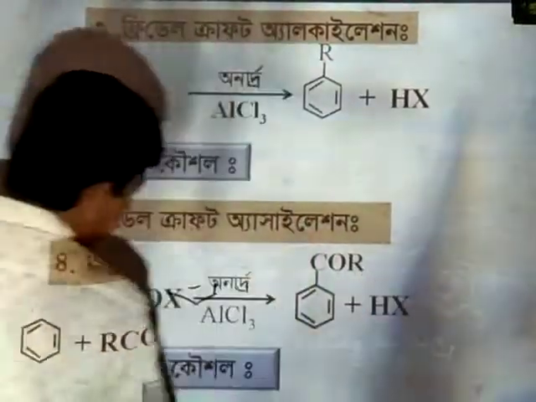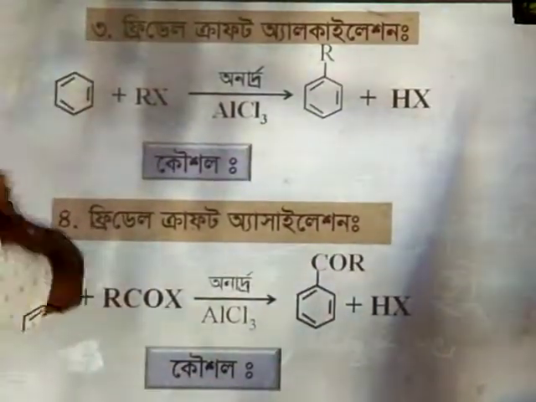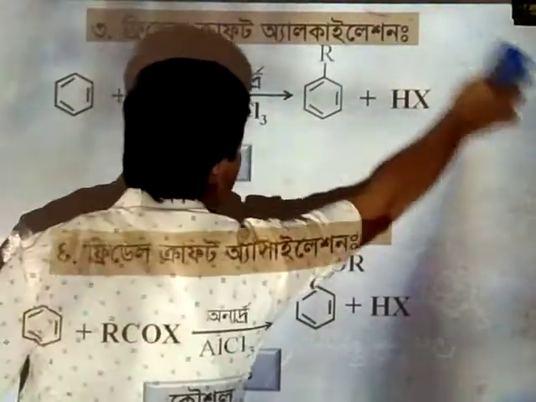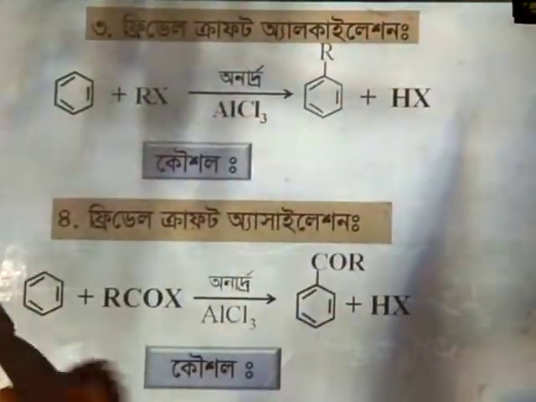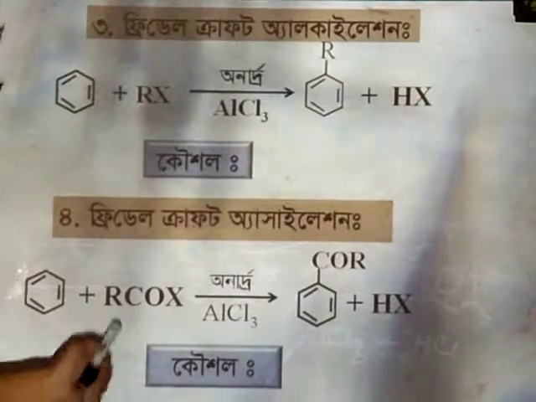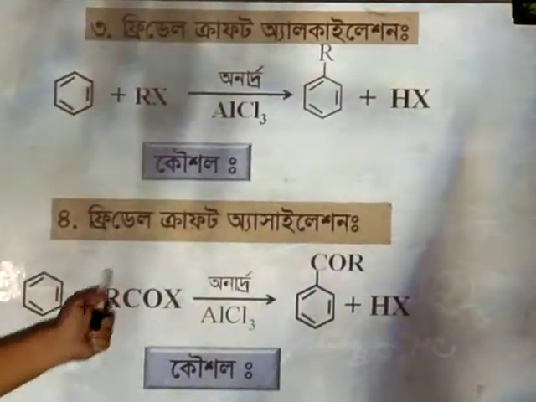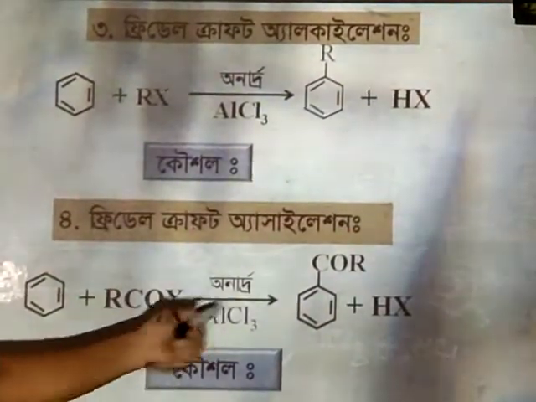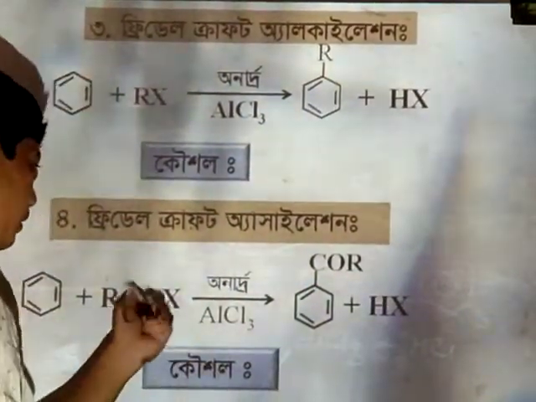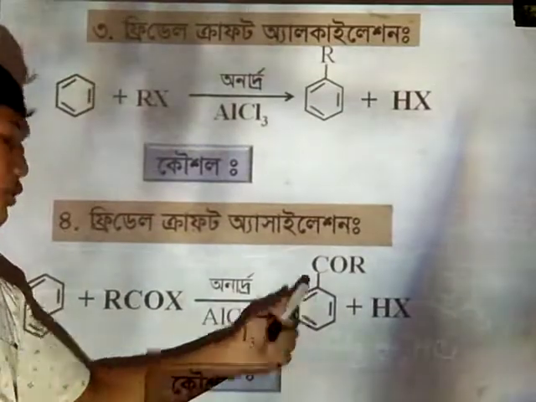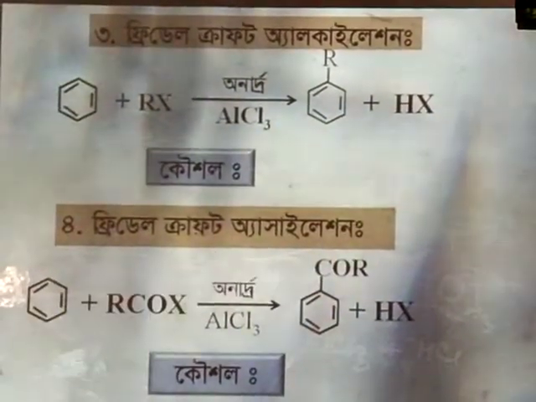In Friedel-Crafts acylation reactions, the mechanism of this reaction is the same as alkylation. So this is the Friedel-Crafts acylation reaction. Here an acyl radical will add to the benzene ring, so it is known as acylation reaction.